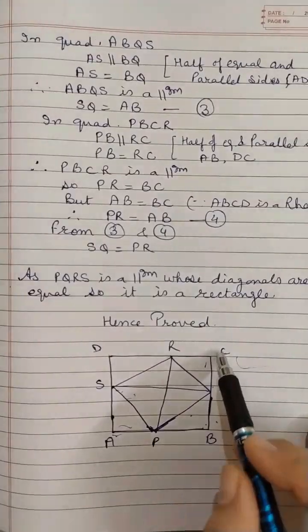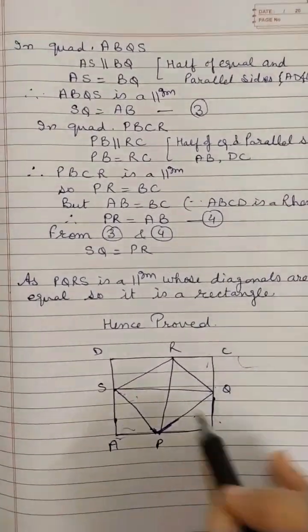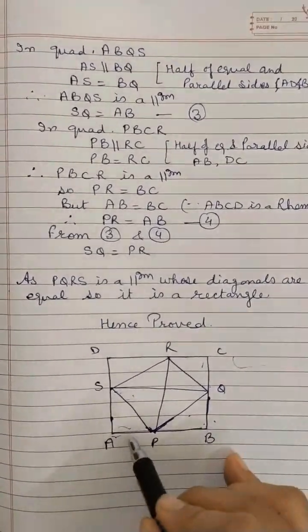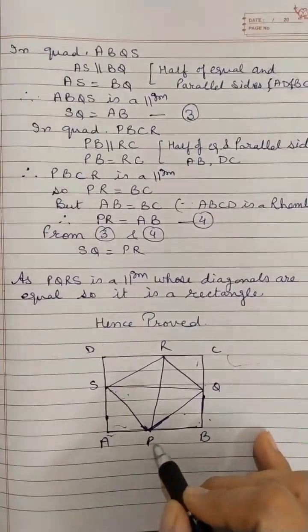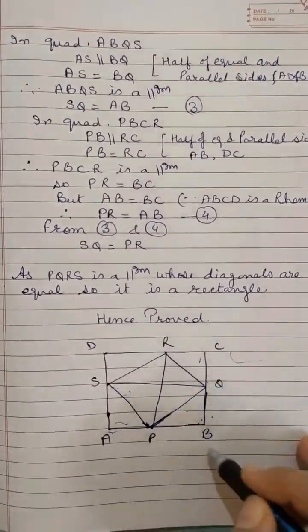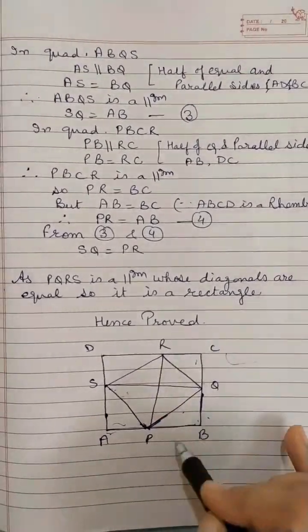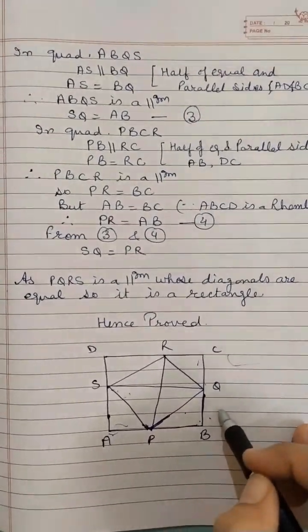Now in the same way I know that ABCD is a rhombus, so AB is equal to CD and AB is parallel to CD. So PB is also parallel to RC and PB is equal to RC, therefore this is also a parallelogram, right?